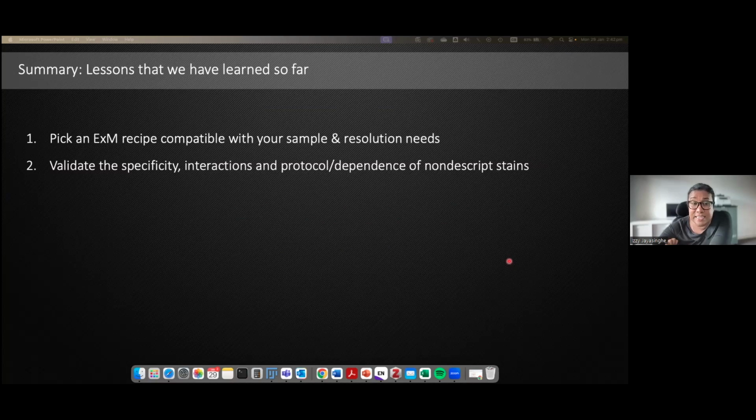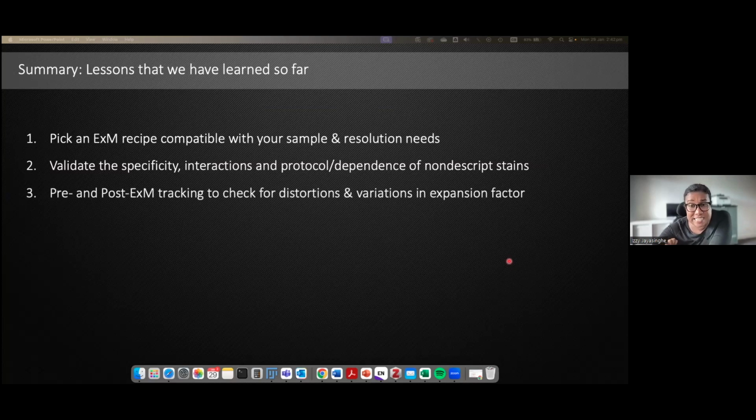I think increasingly there's an expectation that you would validate your data, and that's not just in the spatial errors, but it's also the stains and how they interact with each other.